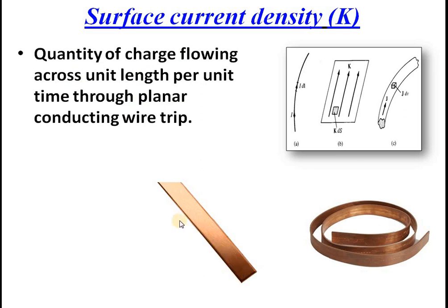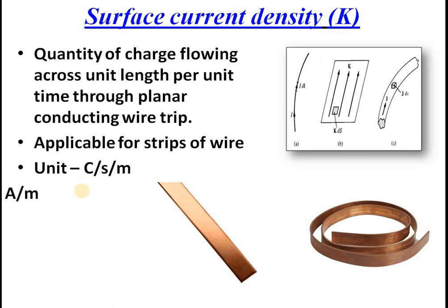If you know the current, suppose the current flowing through the wire is I, and suppose the width is W, then surface current K you can write as I by W. W is the width and I is the current. So surface current density will be measured in the unit of ampere per meter, because it is current flowing through unit length. Surface current density can be defined as current flowing through unit length or charge flowing across unit length per unit time. Both are correct. So this is applicable for wire strips like this, not like thin wires.